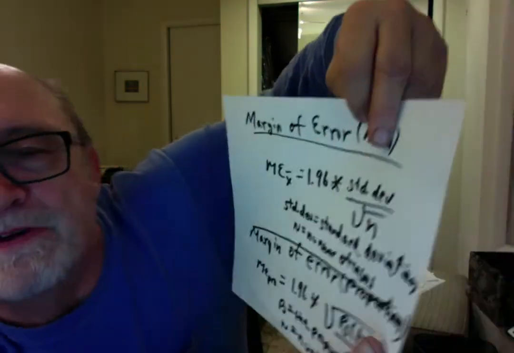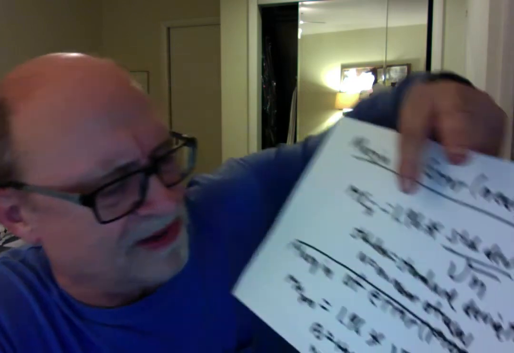And then there's another kind of question where we're not interested in the mean, but we're interested in the proportion. That would be a question like, if the election were held today, would you vote for Biden or Trump? Well, what we'd get is for Biden, say, or for Trump, a proportion, like 50%. And we want to know how close is that proportion to what the actual figure is out in the population.